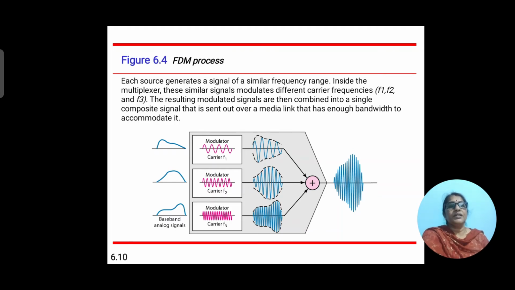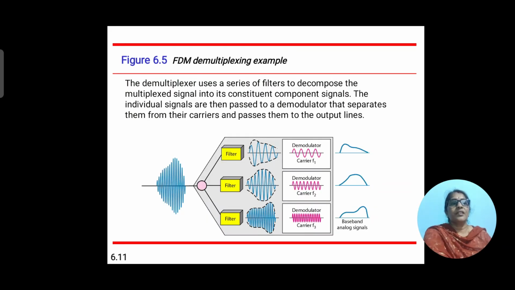So in this slide we have a figure showing three signals: modulator with carrier F1, modulator with carrier F2, and modulator 3 with carrier F3. All these signals are combined and sent over one link. In FDM demultiplexing, the demultiplexer uses a series of filters to decompose the multiplexed signal into its constituent component signals.